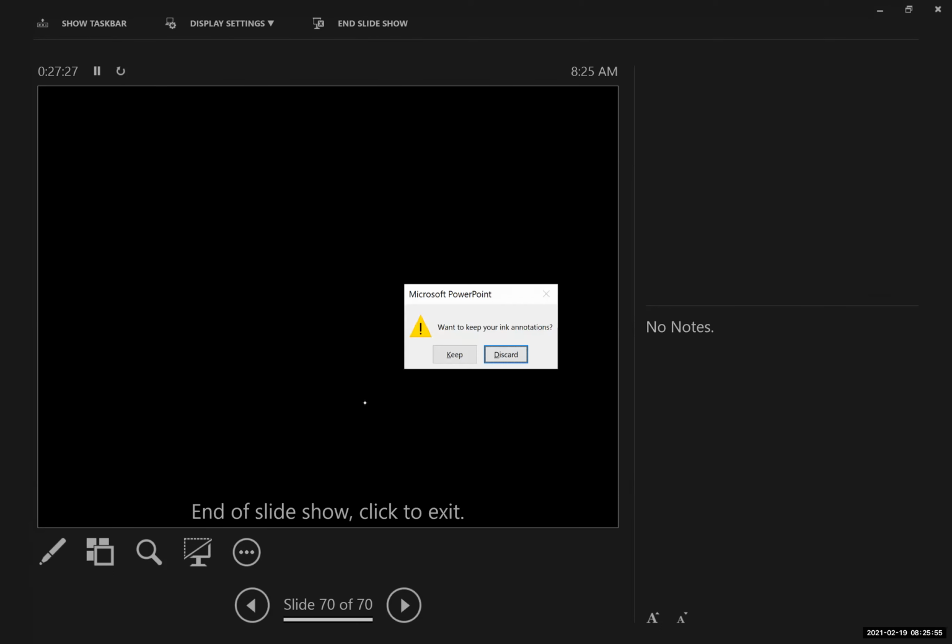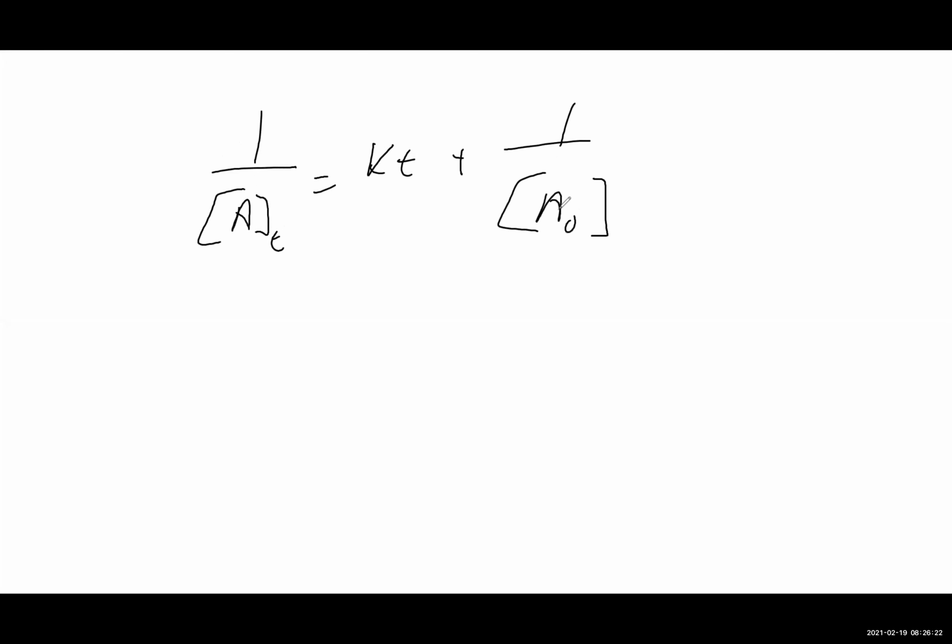If it's a non-first order reaction, you don't get the same cancellation. If I play the same game with a second order reaction, half-life would be where A of t is 1/2 A0.